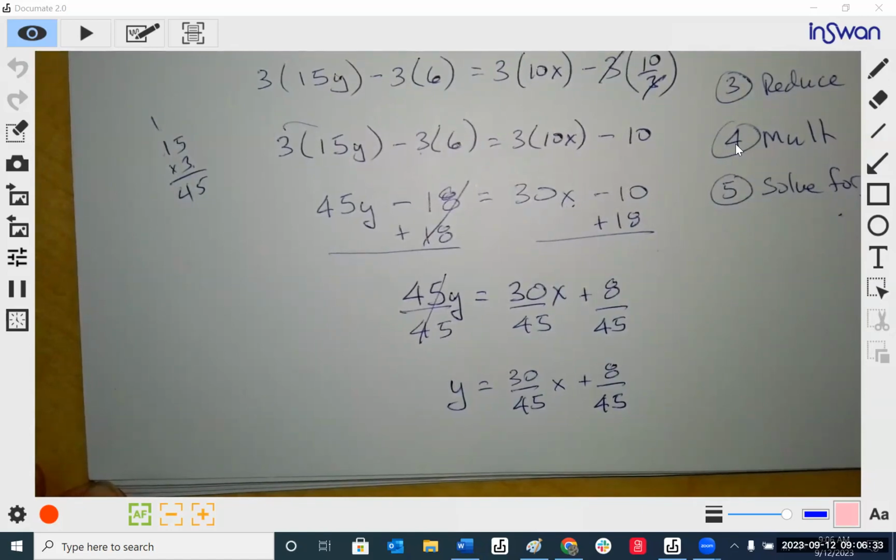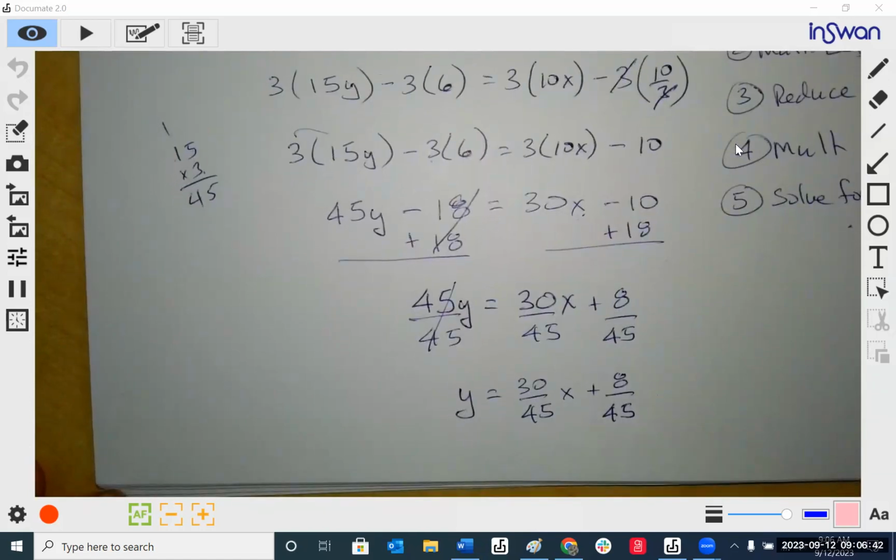Are we done? Why? Yeah, if you can simplify, you're not done until everything's simplified as far as possible. Do 30 and 45 have anything in common? 5s. How many times does 5 go into 30? 6.